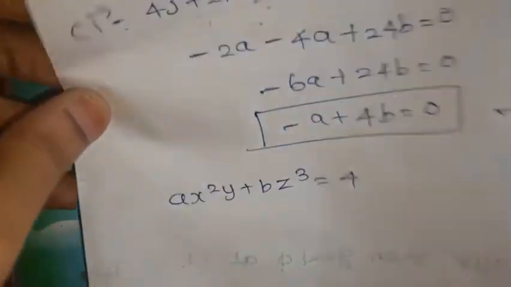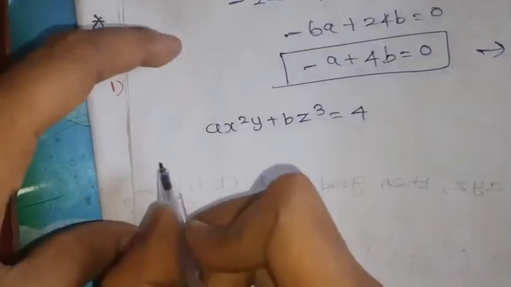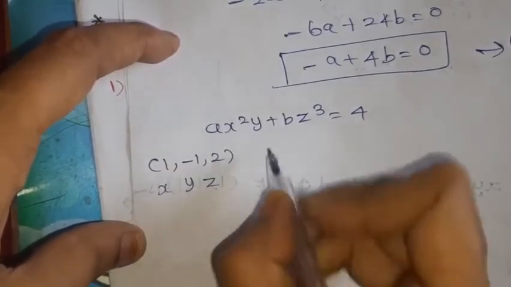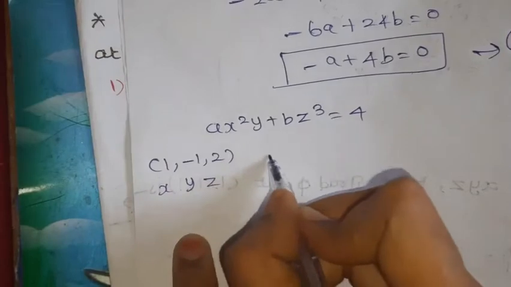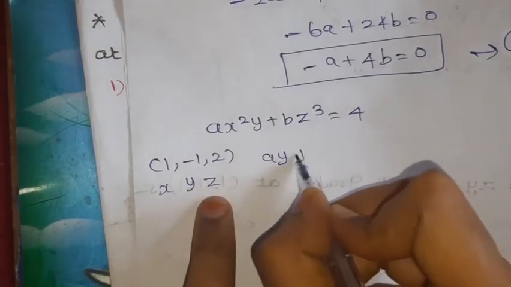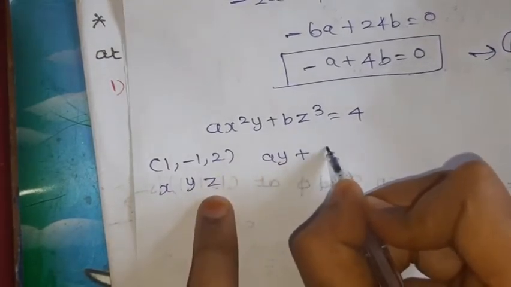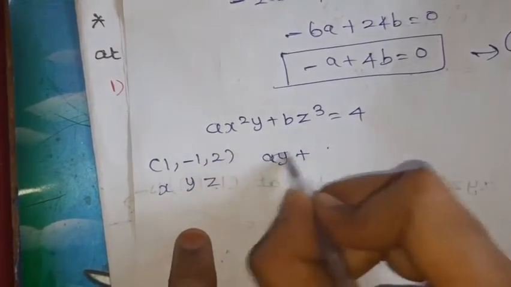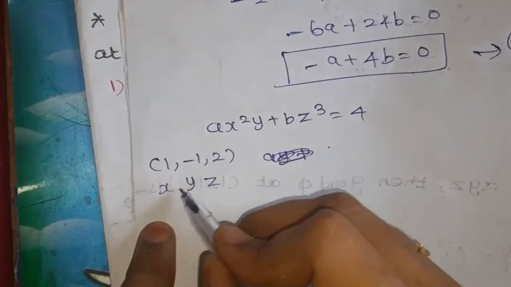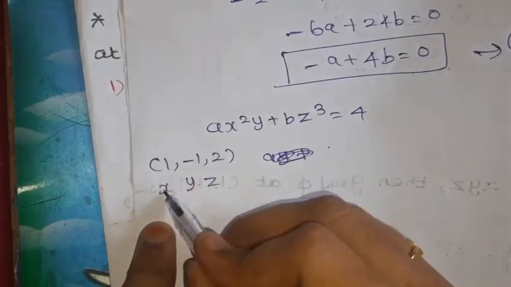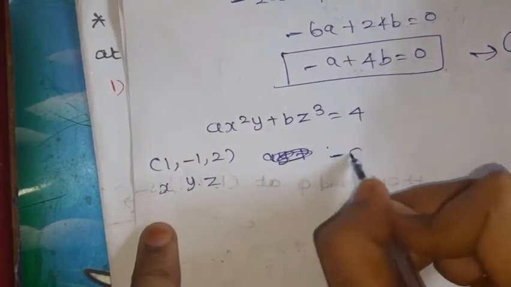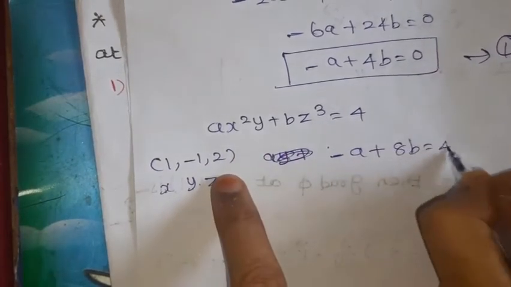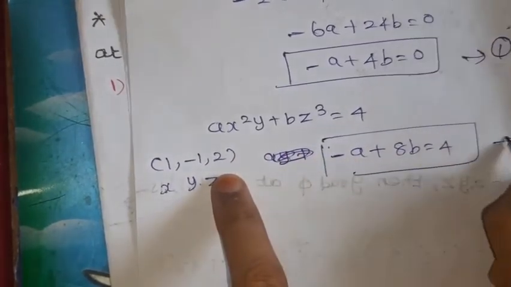Now substitute the point 1, minus 1, 2 for x, y, z in this equation. What we will get? 1 into 1 squared into minus 1, so minus a, plus z cube, which is 8b. So minus a plus 8b equal to 4. So this is equation 2.